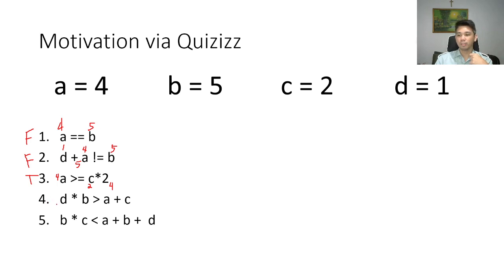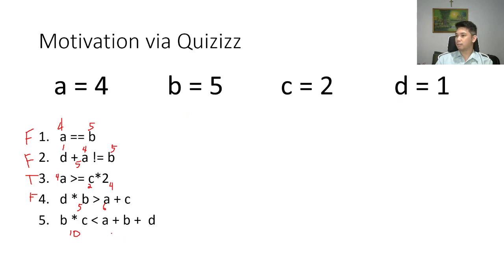Number 4, D times B. D is 1, B is 5, so 5 greater than A plus C. A is 4, C is 2, so 6. Is 5 greater than 6? The answer is false. Number 5, B times C. B is 5, C is 2, so this is 10. Is it less than A plus B plus D?